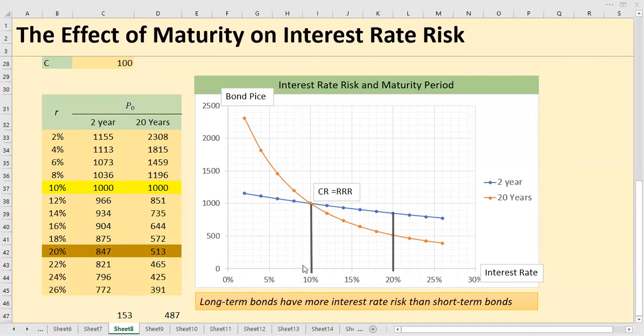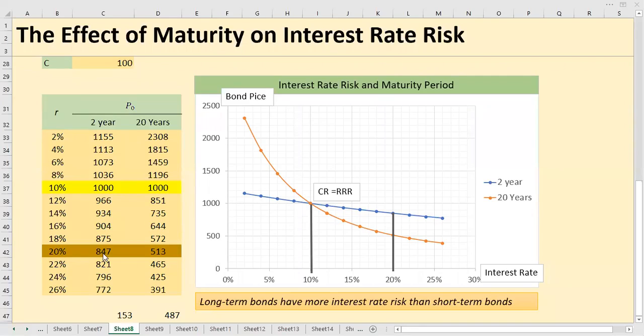Now if you compare that with the shorter maturity bond, which is 2 years, the interest rate is increased by the same amount from 10 to 20, but the value is only dropped from 1000 to 847. That is not an aggressive drop.